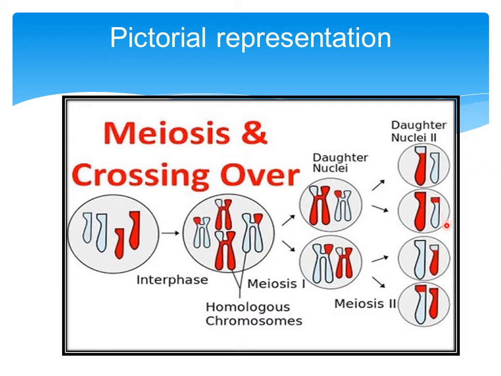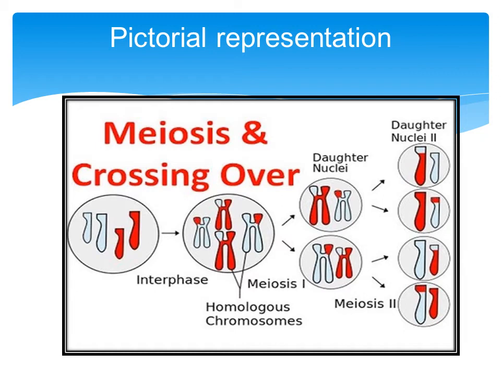The four cells formed have the haploid number, that is n. The original cell started with 2n, but after the full meiotic division is complete, each cell has only n. So I think it is clear to everyone.